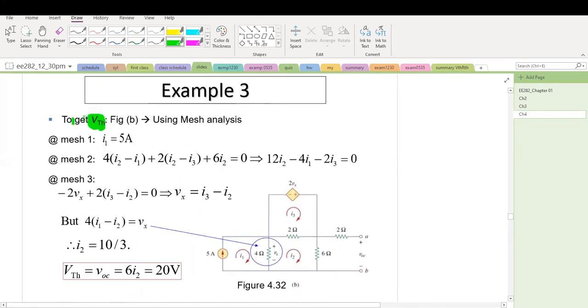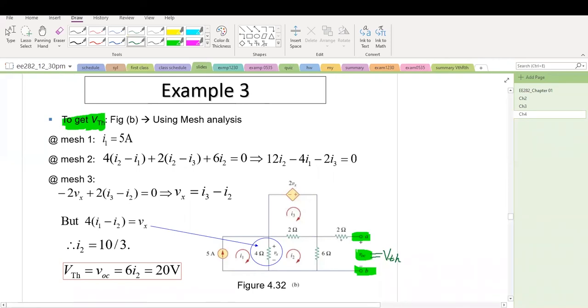To obtain VTH, we open the terminal. This is the open terminal voltage, VOC. As we said, that VOC, the open circuit voltage, it doesn't matter what the notation is, equals VTH. So we need to solve this circuit to obtain VTH.